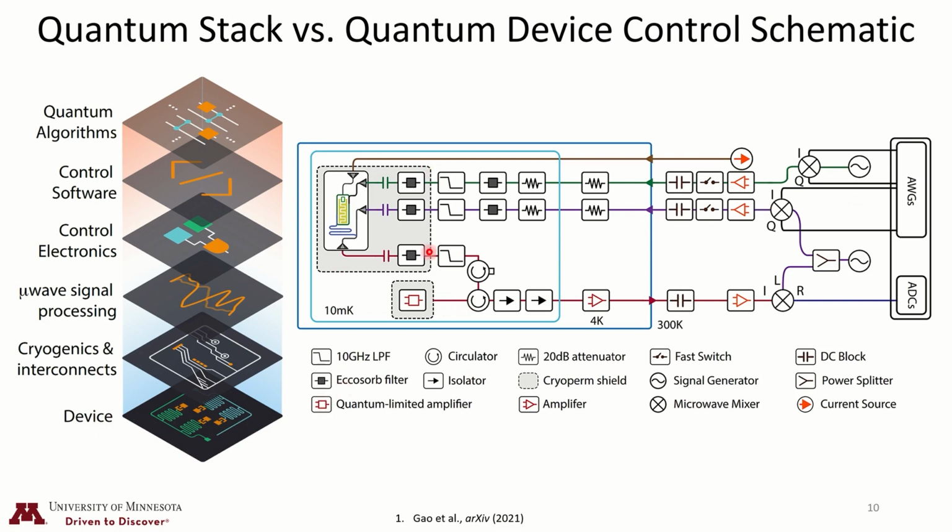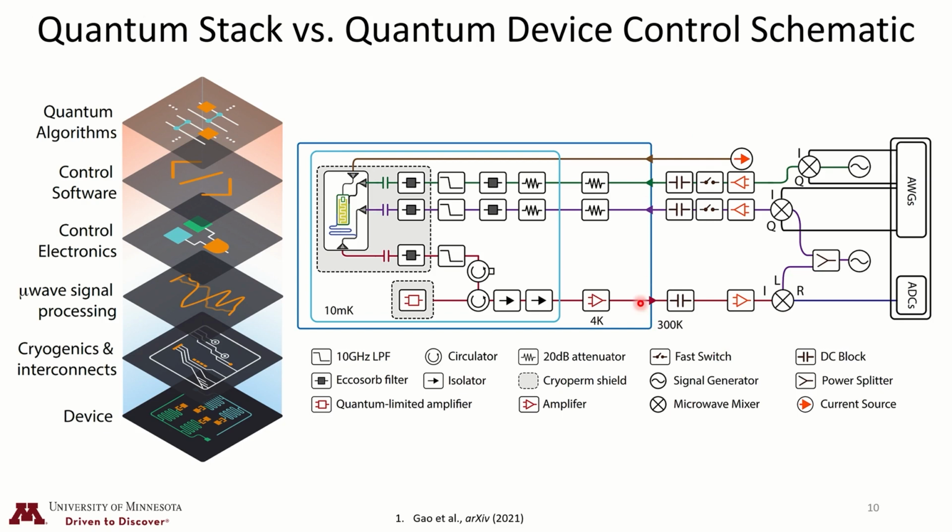You can see that in this diagram, this is just room temperature components, which is also control hardware. 300 degrees Kelvin is room temperature, which is roughly about 20 degrees Celsius.